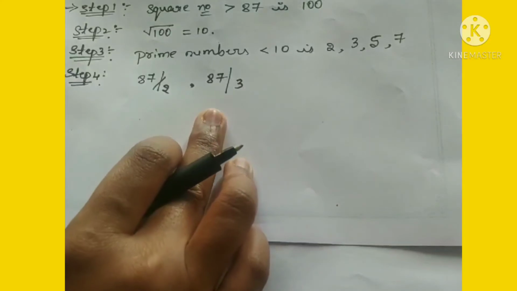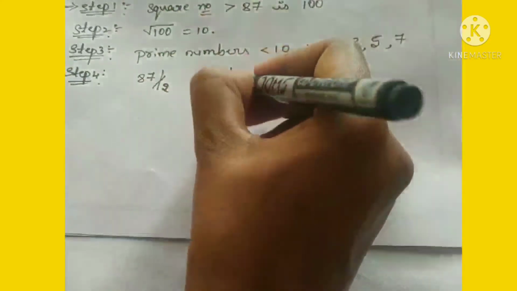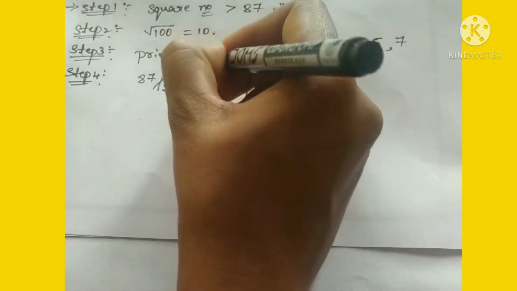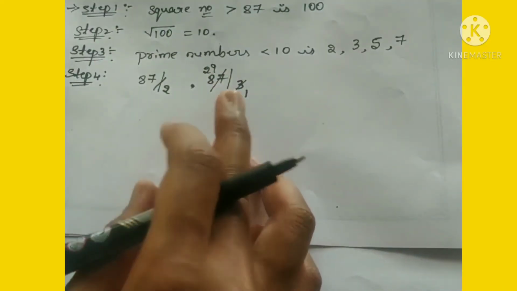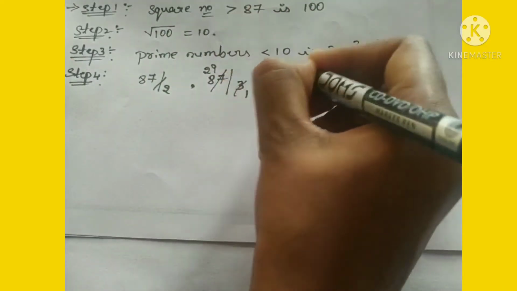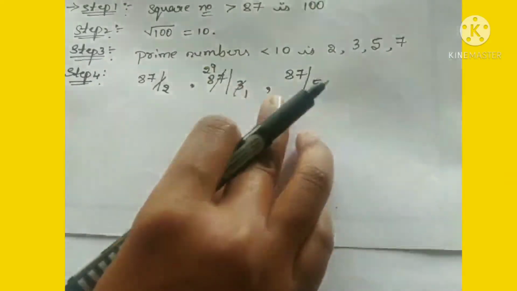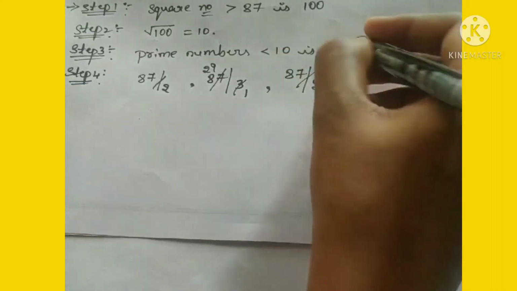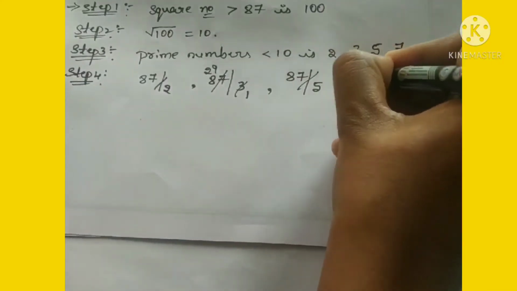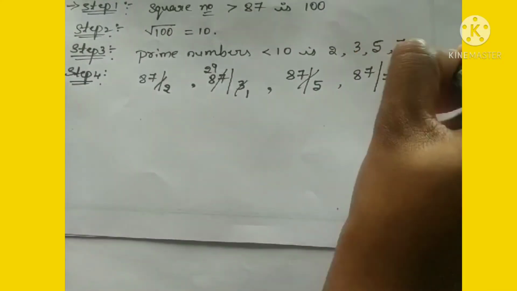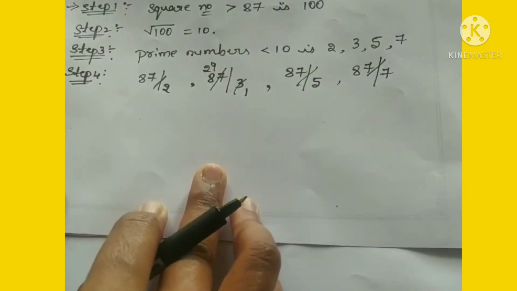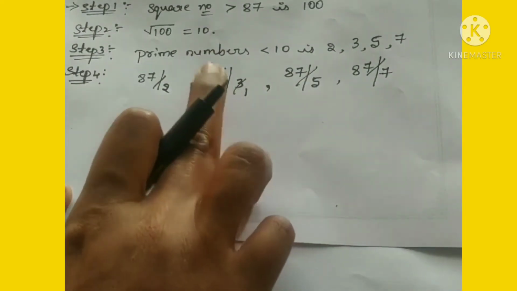Yes, it is divisible by 3. That is, 3 ones are 3, 3 twenty-nines are 87. So it is divisible. Then is 87 divisible by 5? No. Then by 7? No, it is not divisible. So here 3 divides 87.